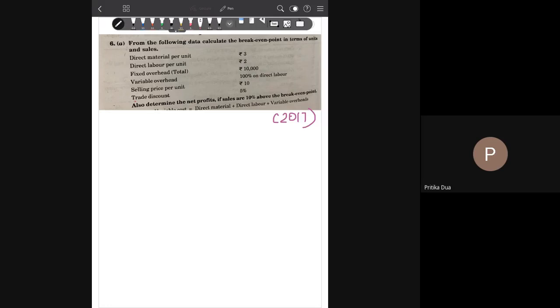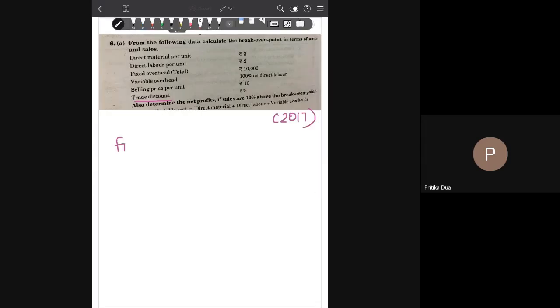So in this question, you are given a trade discount of 5%, and trade discount will always be a percentage of the selling price. So the final selling price per unit will be 10 rupees minus 5% of rupees 10.